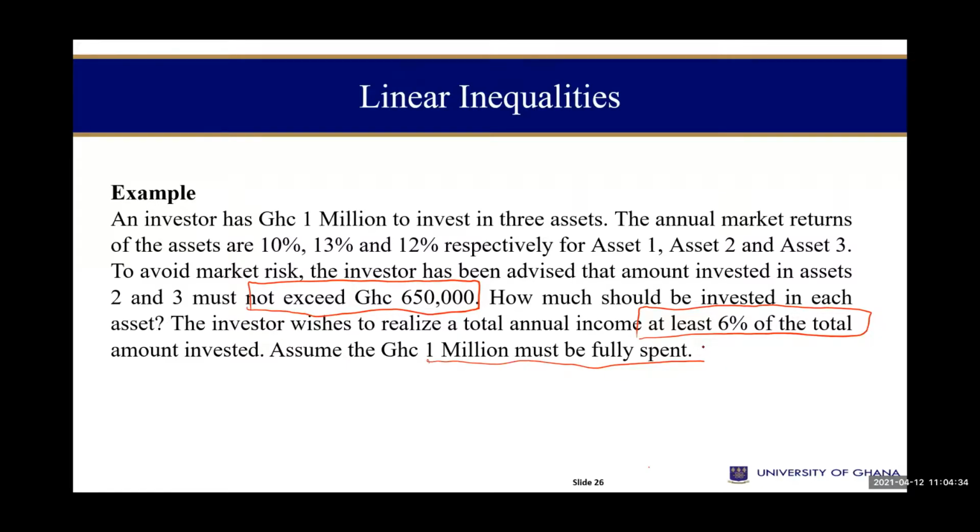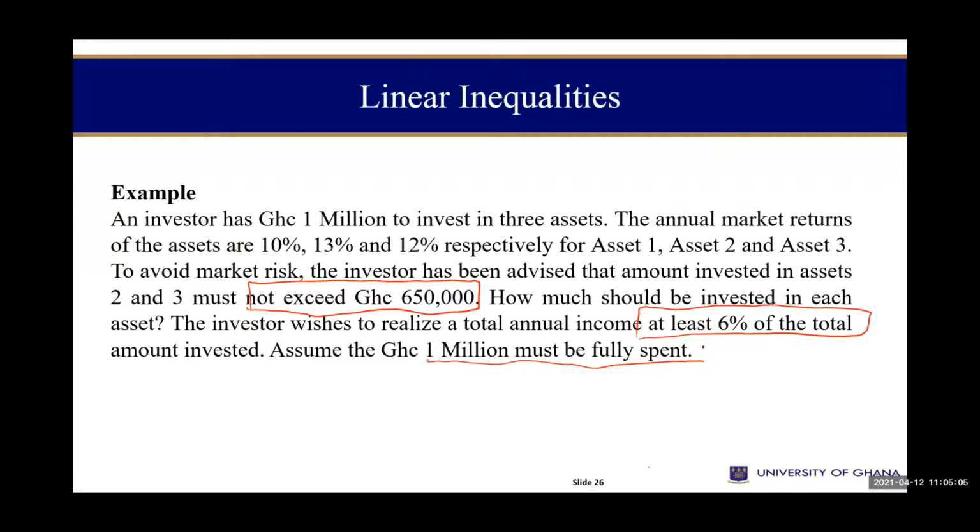You are all wrong. It is the value. Remember, we always say that there is something to make a decision, not the decision itself. Let x1 be the amount to be invested in asset 1. Perfect. So it is not that let x1 be asset 1. Let x1 be the amount to invest in asset 1, x2 the amount to invest in asset 2, x3 the amount to invest in asset 3.